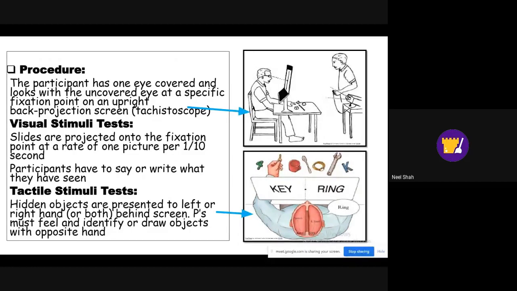Why do you think they did it so fast? The participants had to say what they actually saw. Maybe it's memory, because they went through the surgery? Remember, they're not testing memory here.